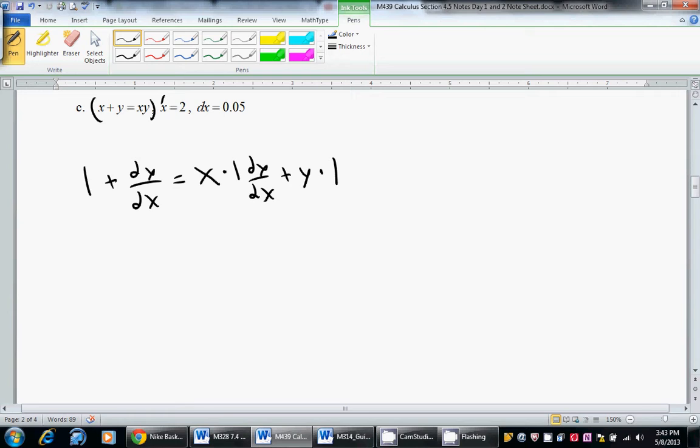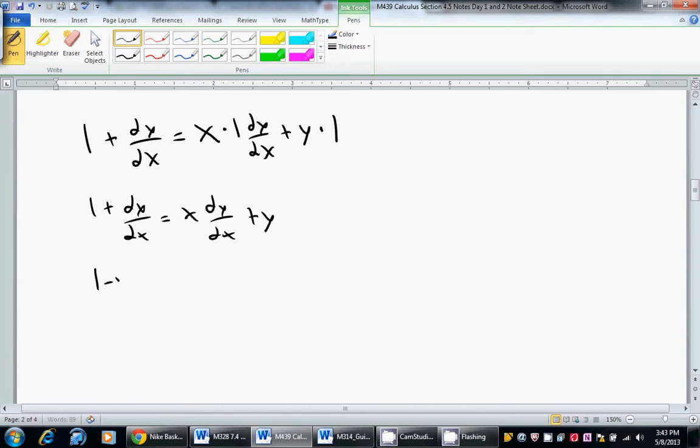So now I've differentiated implicitly, okay? Now I need to solve for dy dx so that I can solve for dy, okay? So this is 1 plus dy dx equals x dy dx plus y. So bring my dy dx terms to one side, bring everything else over to the other.